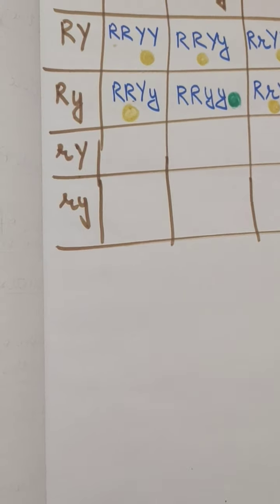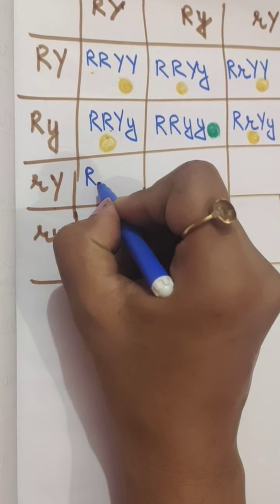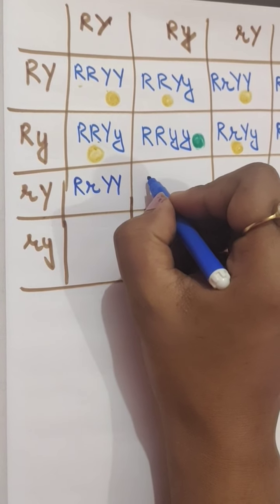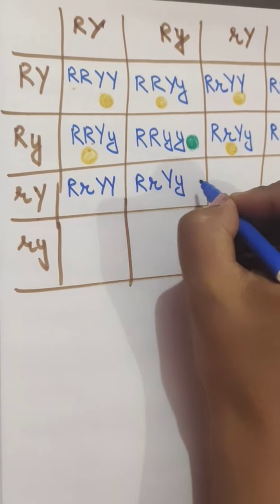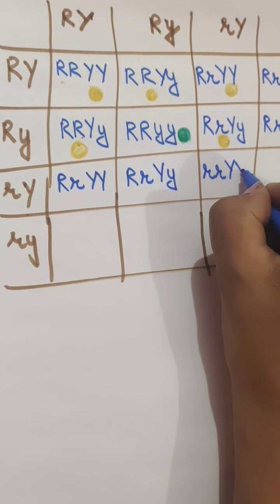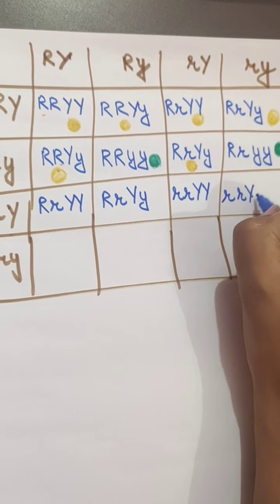Okay, so next is small r and capital R. So capital R and like this, and both will be capital Y, and capital R, small r, capital Y, small y, small r, capital Y, small r, capital Y, and small y.